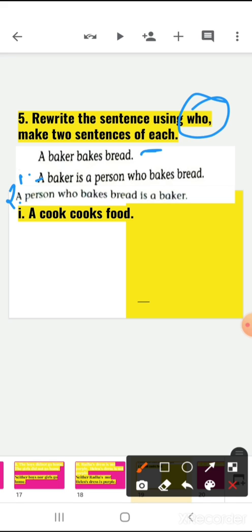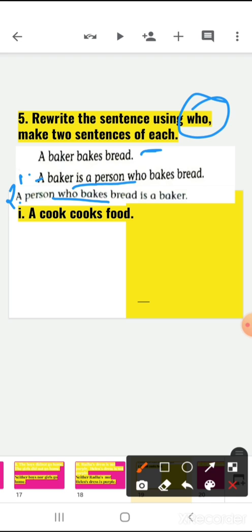A baker bakes bread. A baker is a person who bakes bread. Alright, next. A person who bakes bread is a baker.